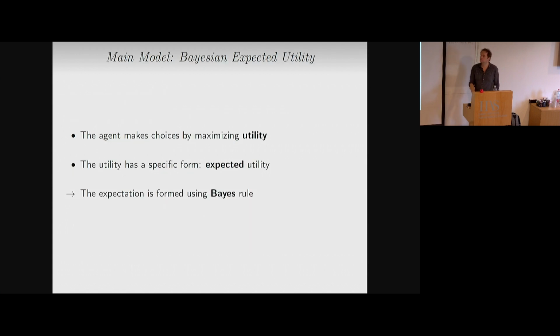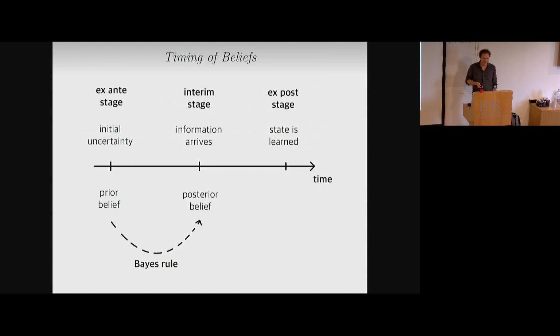So we've covered utility. We've covered expected utility. Now let's talk about the Bayes rule a little bit. I'm sort of building up to where Mike started, basically. So I apologize for that. You know what Bayes rule is, but I just want to establish some terminology. There are three stages.